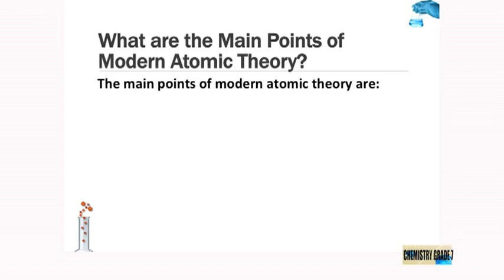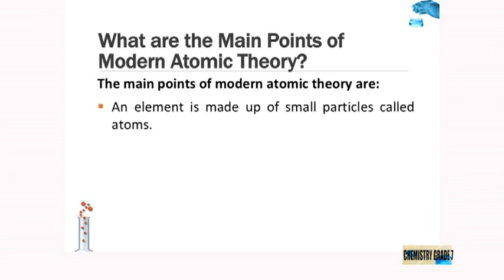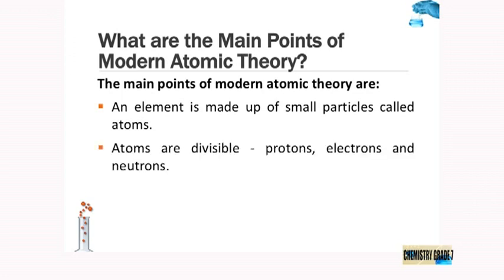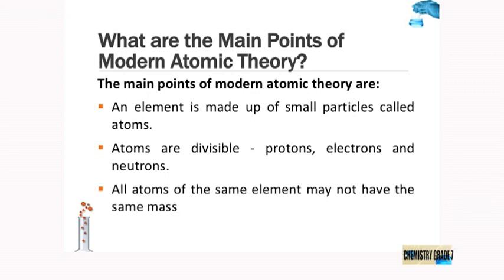The main points of modern atomic theory are: An element is made up of small particles called atoms. Atoms are divisible. They can be broken up into protons, electrons, and neutrons. All atoms of the same element may not have the same mass.